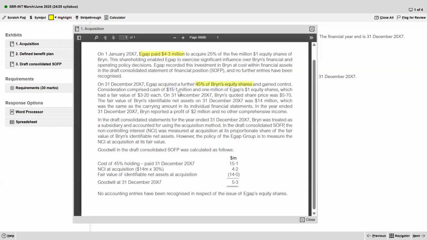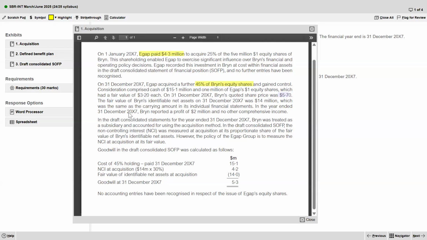Consideration comprised cash of this much and 1 million $1 shares which had a fair value of this much. On 31st December X7, Brine's quoted share price was this much. The fair value of Brine's identifiable net assets on 31st December X7 was this much, which was the same as the carrying amount in its individual financial statement.